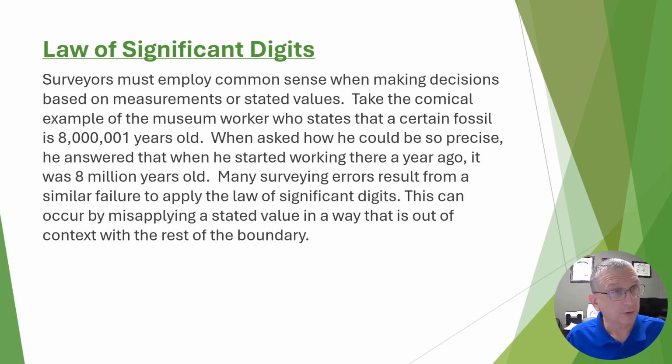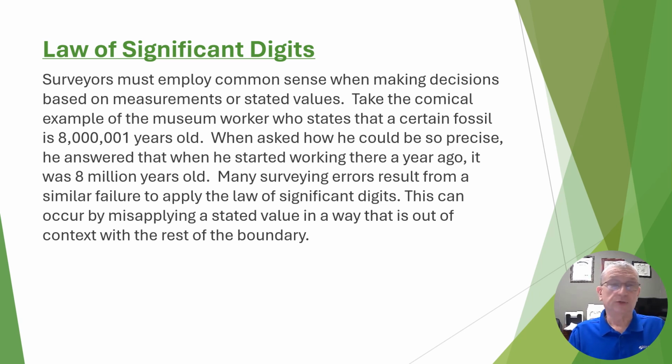It's also to the nearest quarter degree. Then another call might be to the nearest 30 minutes, and then 15 minutes, and then 45 minutes. You have to pick up on the fact that that was probably done with a quarter degree or 15-minute transit. So it's not very precise. You really have to dial out and think, okay, a call for 15 minutes really means that's between 7.5 and 22.5 minutes. Anything in there is well within the tolerance when you properly apply the law of significant digits.